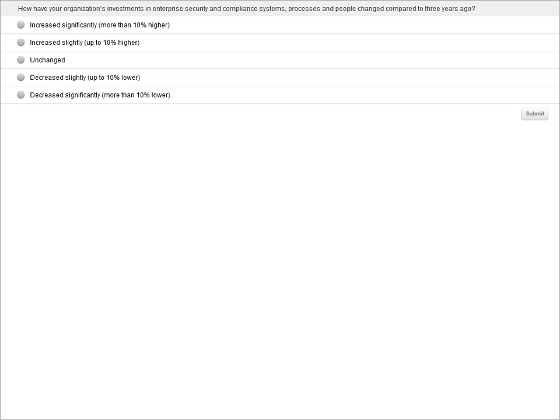Increased slightly up to 10% higher compared to 3 years ago? Are they unchanged? Have they decreased slightly up to 10% lower compared to 3 years ago? Or have they decreased significantly, more than 10% lower than 3 years ago? Take a moment to respond to the poll question now displayed on your screen, and we're going to discuss the results in just a moment.